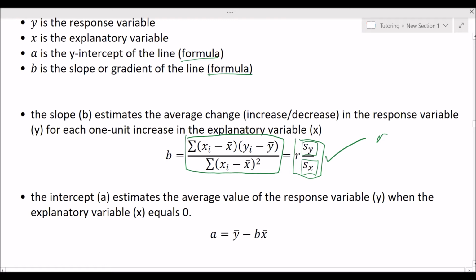I will give you some examples in a minute of what that means so we can interpret it in a context. But remember, if the gradient is positive, then it's increasing. If your gradient is negative, then your response variable is decreasing in response to the increase in the explanatory variable. Once again, we'll go through an example in a second.